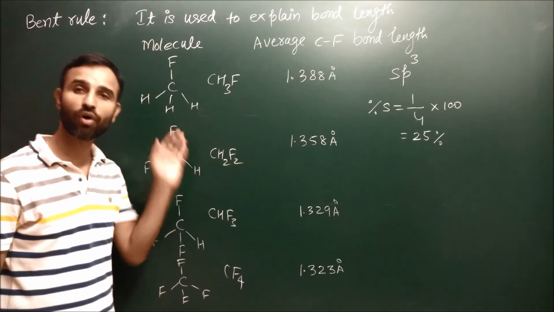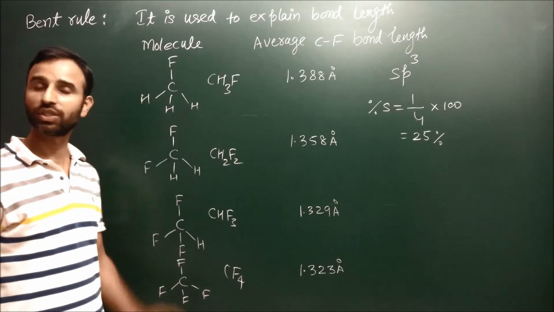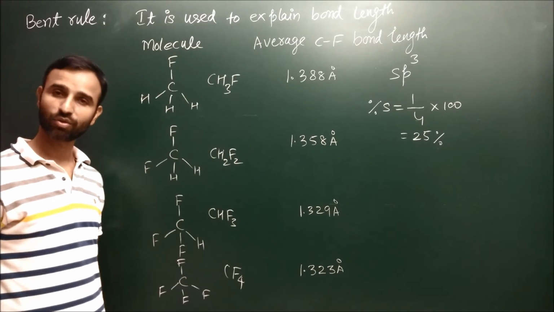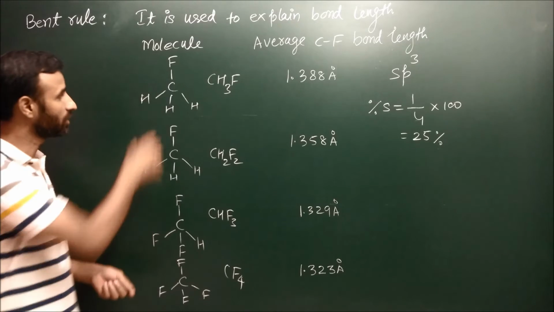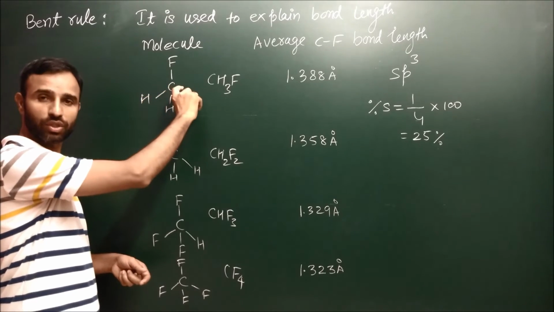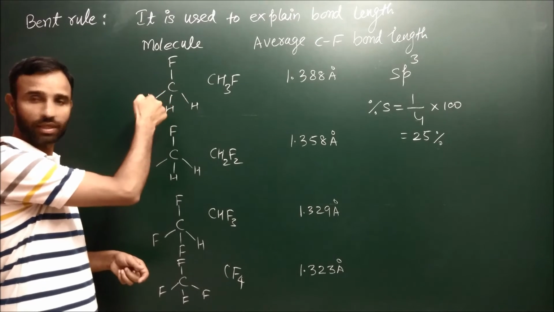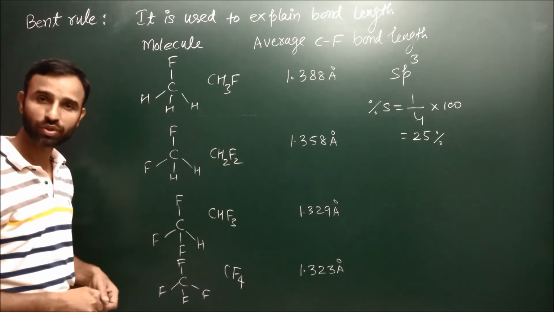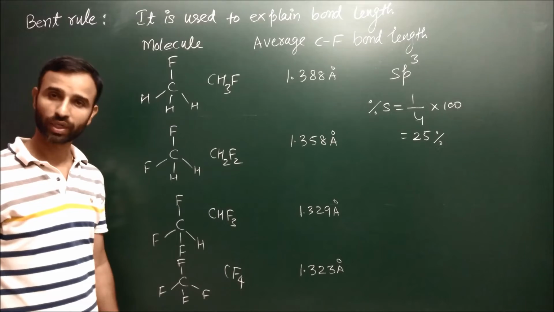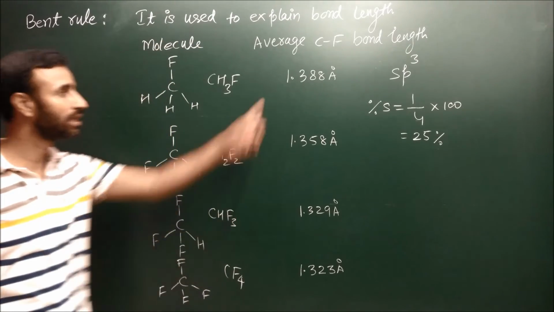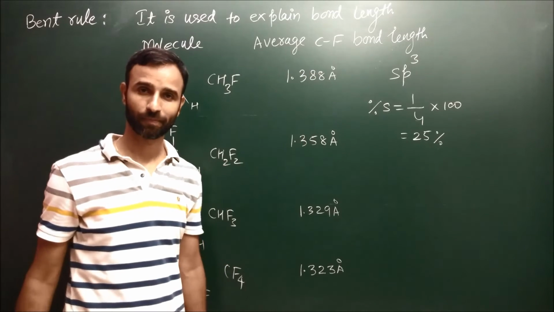But it is not so in this case because they are of different electronegativity. So S character is more in the orbitals attached to hydrogen than the fluorine. That's why as S character is less, so bond length is more.